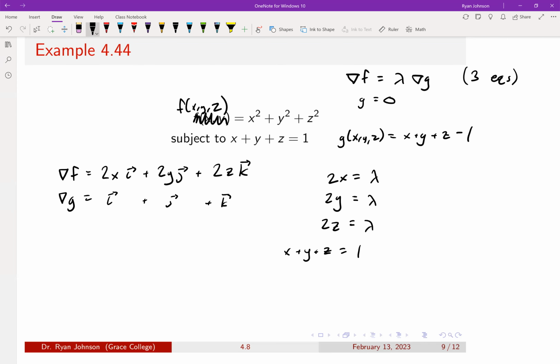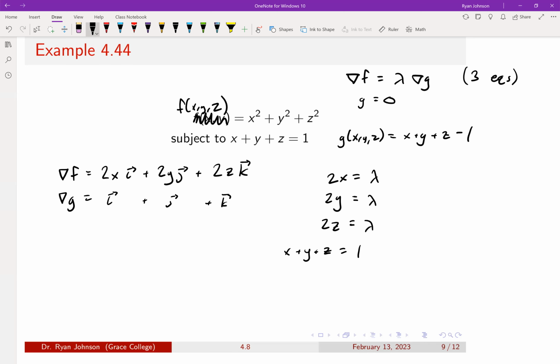Well, this means that I can get rid of lambda by saying that I have basically x equals y and y equals z.